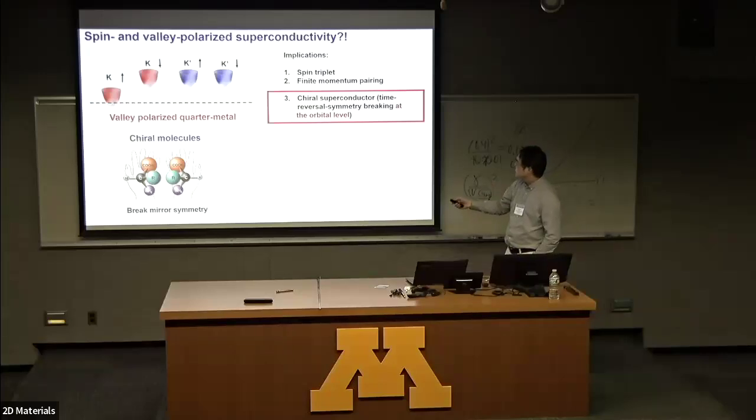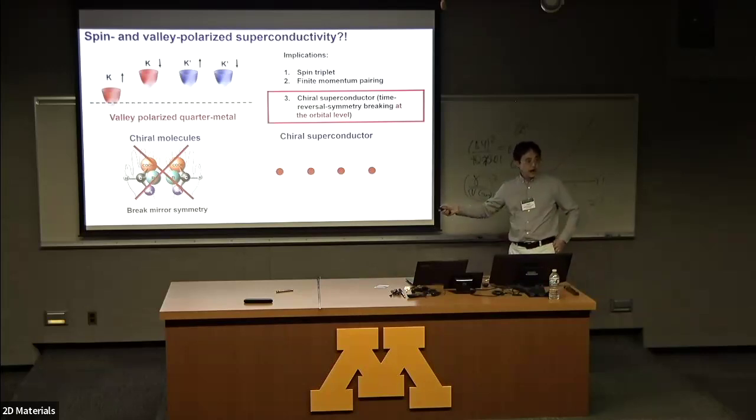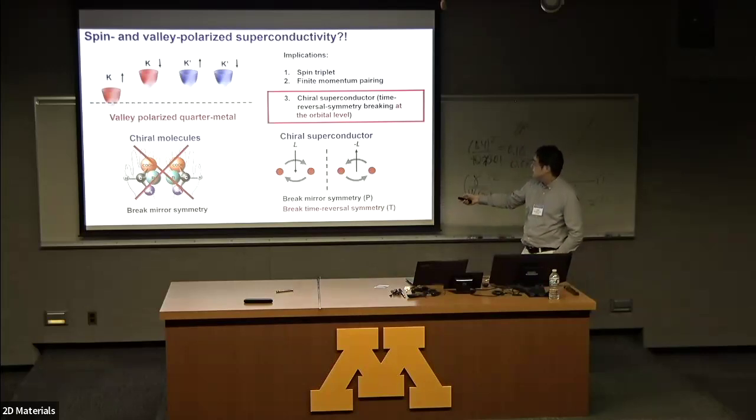And chiral means not structural chirality. We're not chemists. It's not left and right-handed in structure. Chiral means your Cooper pairs develop orbital motion, and then you can tell the clockwise and counterclockwise winding, which correspond to opposite angular momentum, opposite magnetic moment.